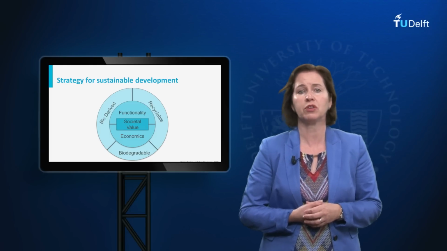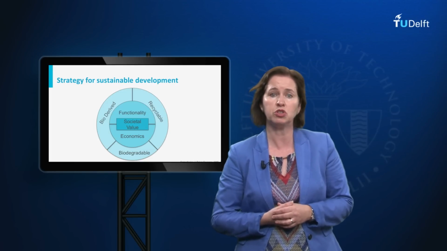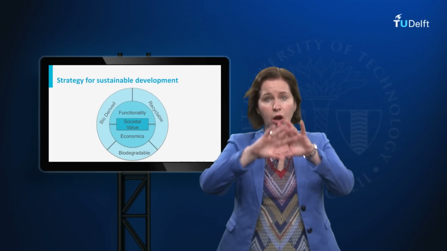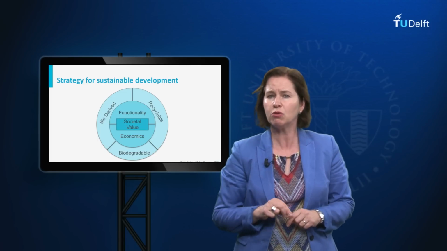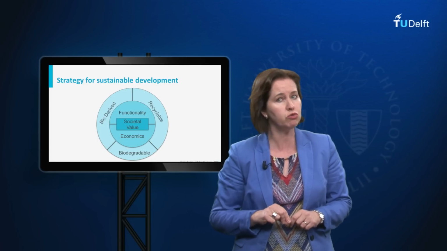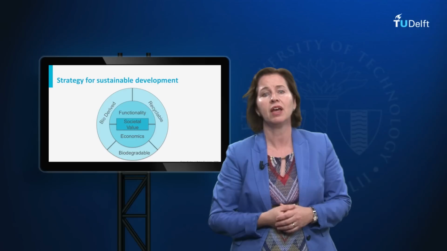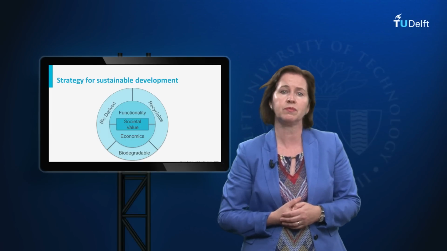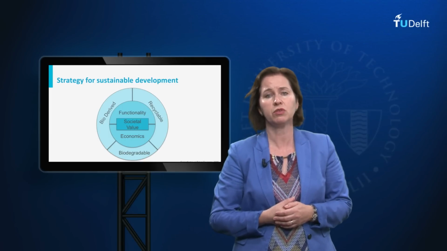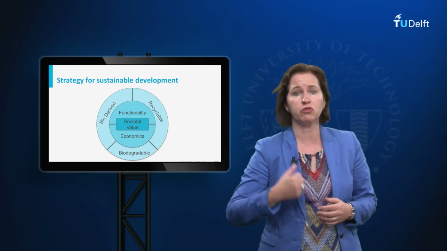The properties of the products, including recyclability and degradability, can be directed by a technology push, as is shown in the outer circle. But if you look at the whole context of a product, it's also important if people really want to use the product, if they find it important that the product has these properties and they can afford a price for these properties, and if it has social benefits on a rural and local level. This is important in order to develop a strategy for sustainable development. So there's a choice to be made here.